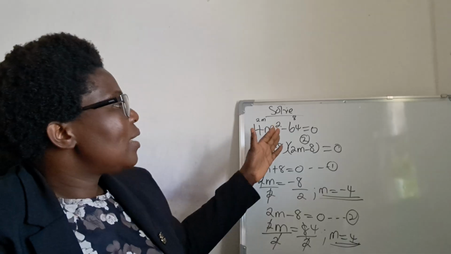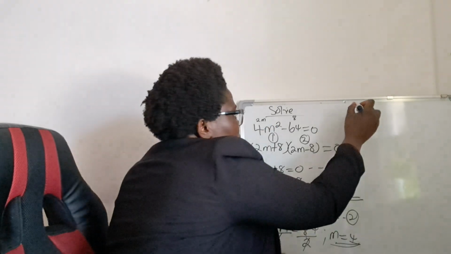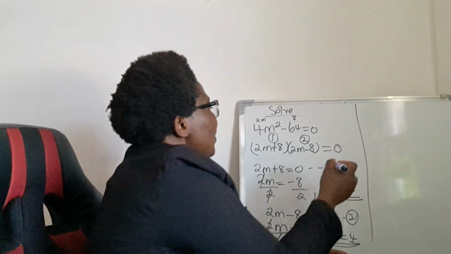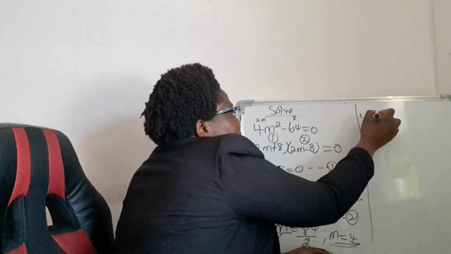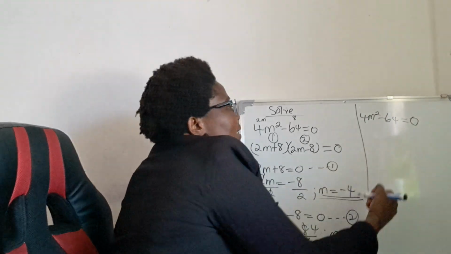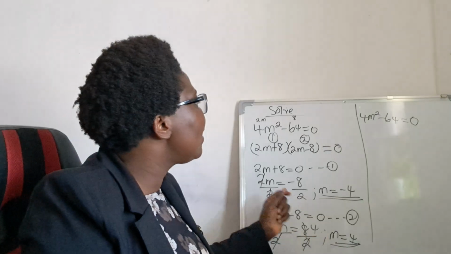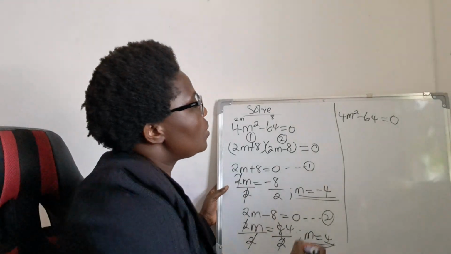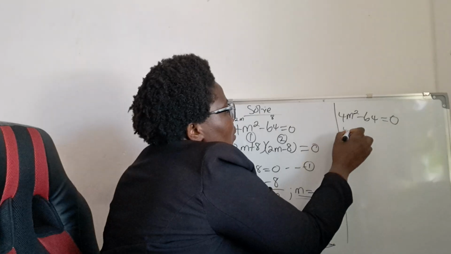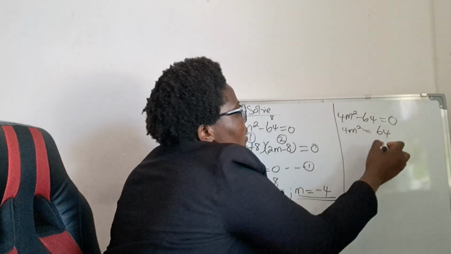Let me show you another way of solving this question, a simple and straightforward way. We are given 4m squared minus 64, that's equal to 0. In this scenario, we are fighting to get m as the subject of the formula. So we're going to say 4m squared is equal to 64.